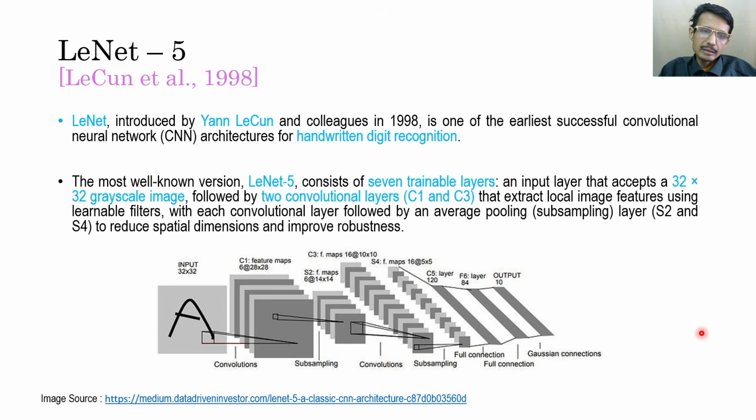The most well-known version was LeNet-5, which consists of 7 trainable layers. The first layer is the input layer, which accepts a 32 by 32 grayscale image, followed by 2 convolution layers, C1 and C3, that extract local image features using learnable filters.